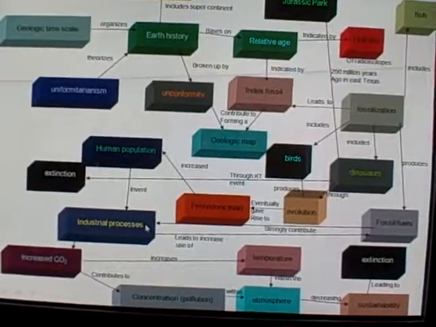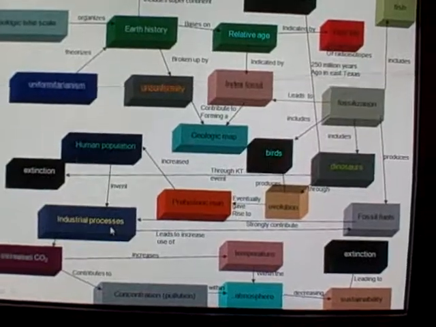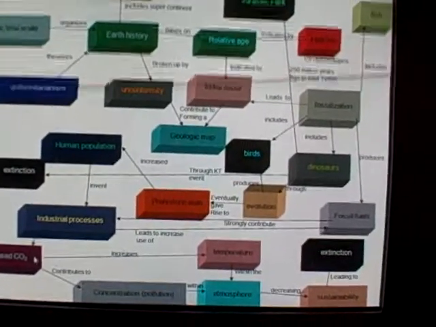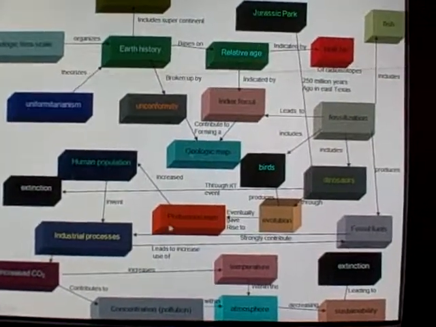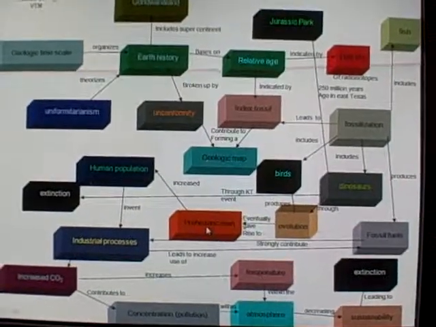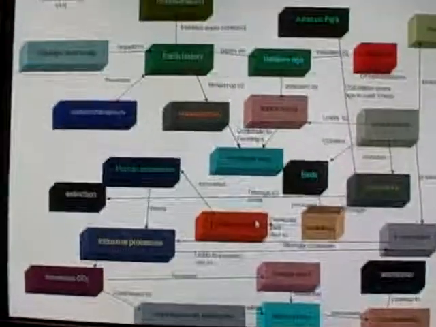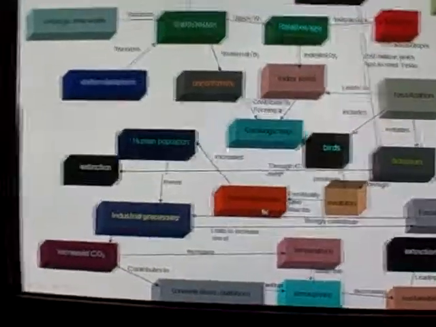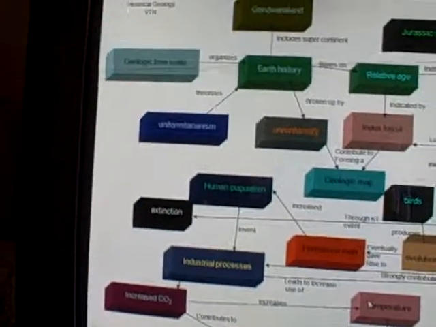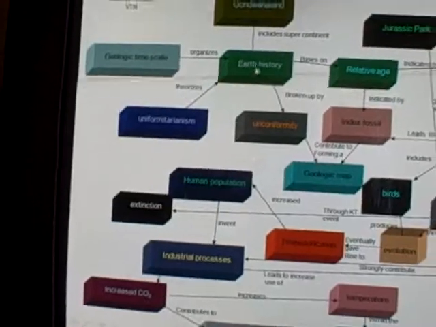Industrial processes, light blue, increased CO2. We're supposed to pick colors that we associate with the term. And I think one of the mistakes, this being the first one I did, is I wasn't real good at picking all the colors.